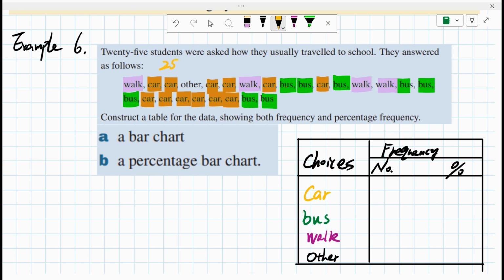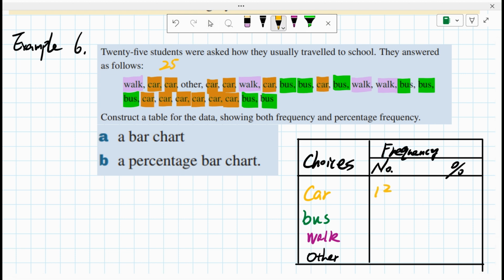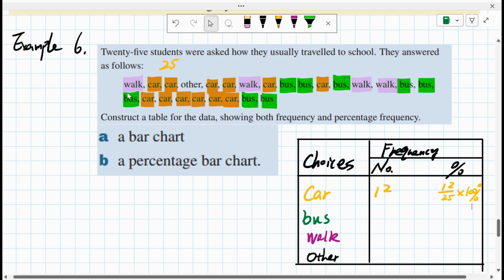So 25 in total. So how many cars do we actually have? 1, 2, 3, 4, 5, 6, 7, 8, 9, 10, 11, 12. So 12 cars out of 25 times 100. And for bus, we have 1, 2, 3, 4, 5, 6, 7, 8. So 8 buses.